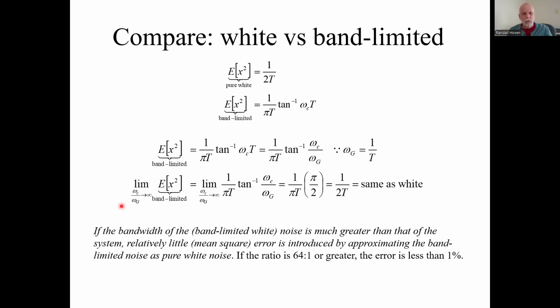Now I'll look at the limit as this ratio gets large, goes to infinity, the ratio of the bandwidth of the band limited white noise to the bandwidth you get with the pure white noise. And that limit is the same as the white noise. So if that ratio is big enough, you get no error in the mean square value.